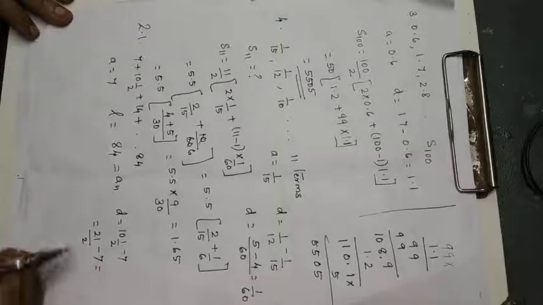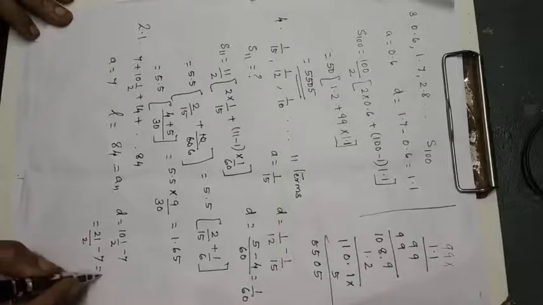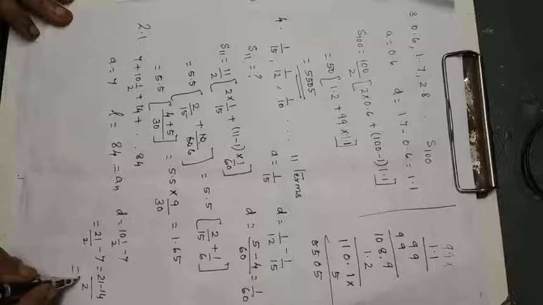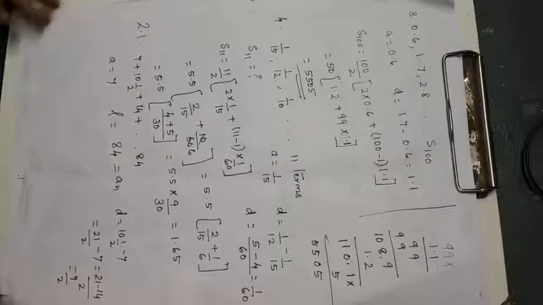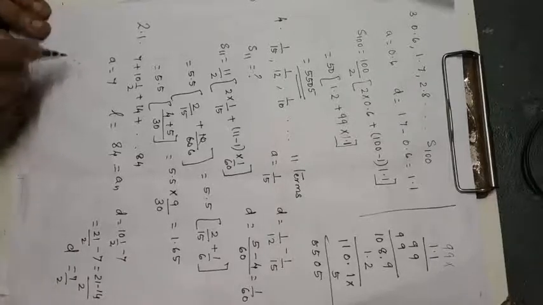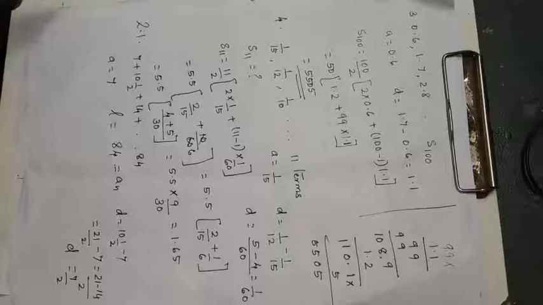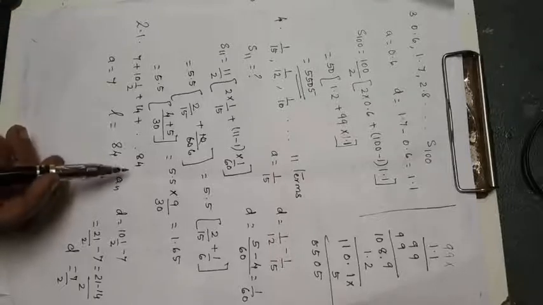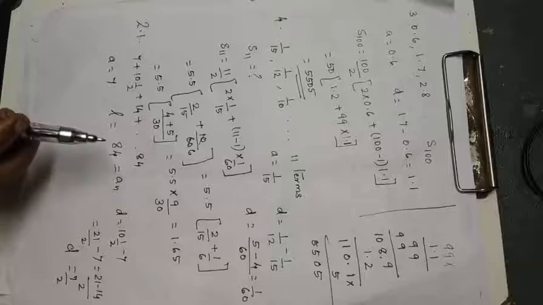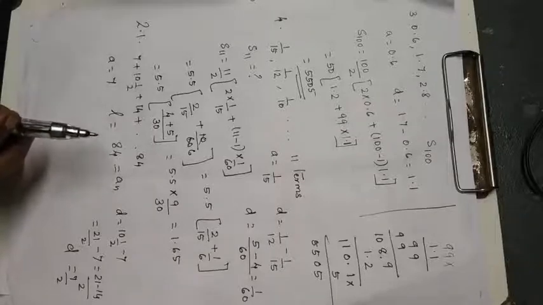So take LCM, 14, 21 minus 14 by 2, 21 minus 14 is 7 by 2, that is 3 and a half you are getting. D is equal to 7 by 2. So N you are asked to find out, then find out the sums.